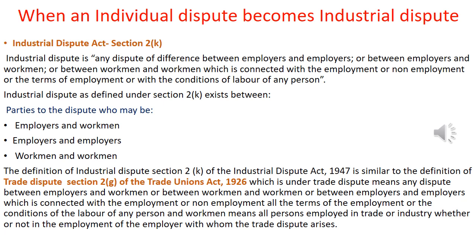The definitions of trade dispute in the Trade Unions Act and of industrial dispute in Section 2(k) of the Industrial Disputes Act 1947 are matching with each other. Thus, the individual dispute becomes an industrial dispute if they both comply with each other.